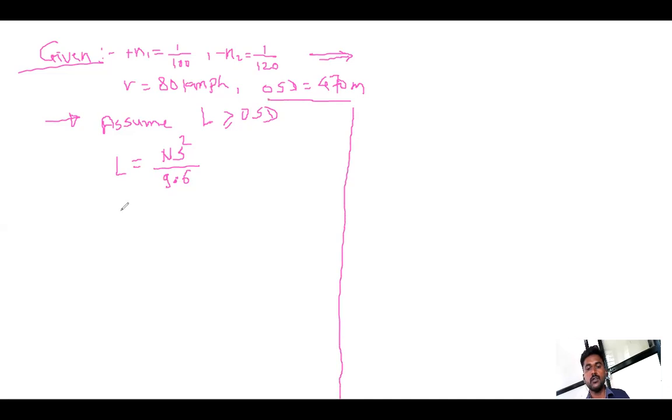Now we will see angle of deviation. As we know, n is equal to, first the ascending gradient, that is 1 by 100. Second is the descending gradient, minus into bracket, as it is descending, minus 1 by 120. So 1 by 100 plus 1 by 120.